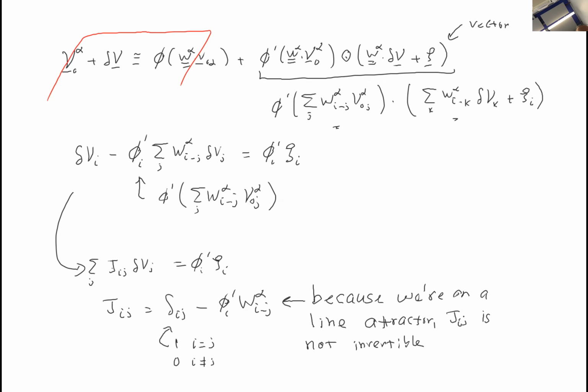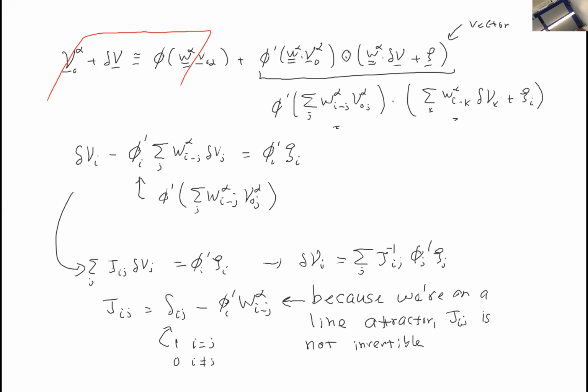So normally we would just write delta nu i equals the sum on j of J inverse ij phi j prime squiggle j. And if that were true, then we'd have a nice line attractor.